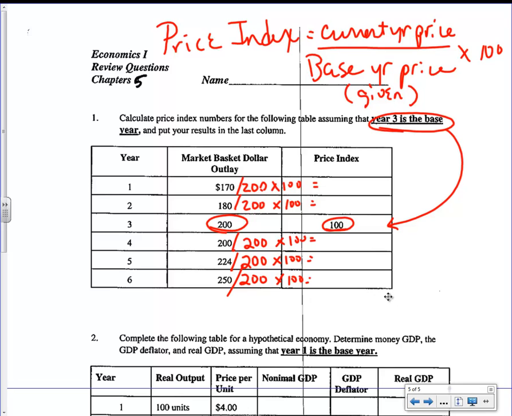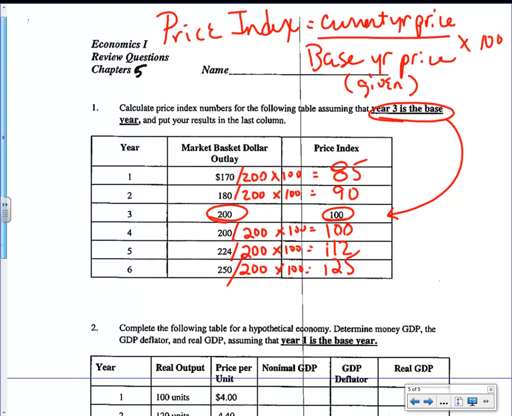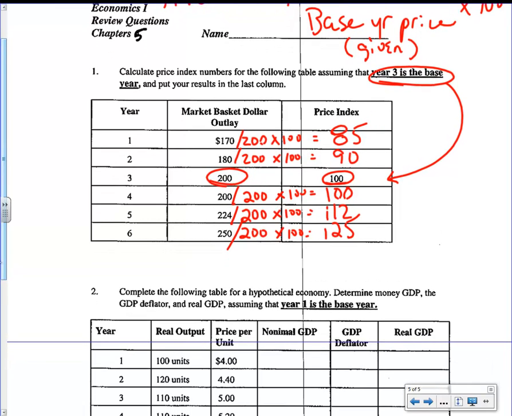Once we do that, year 1, the price index is 85. Year 2, the price index is 90. Year 3 is the base year. Year 4, 100. Year 5, 112. And year 6, 125.